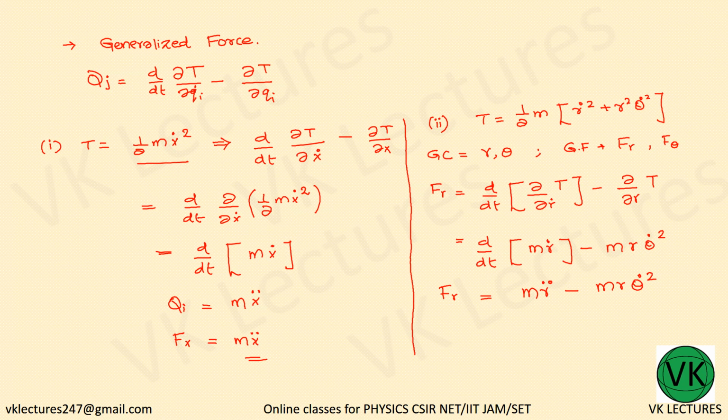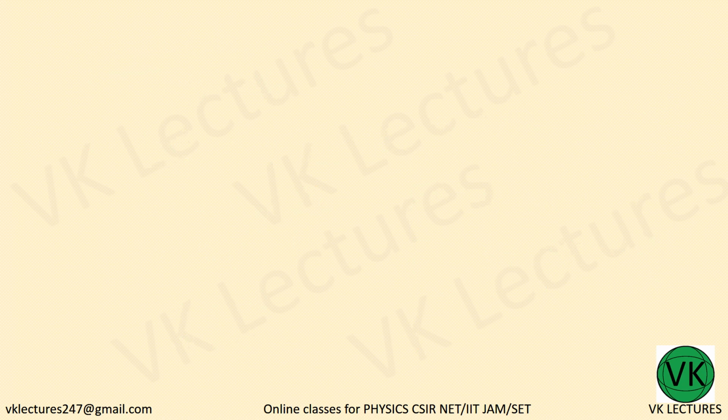Similarly, we write T as equal to half m times r dot square plus r square theta dot square. Now we have done Fr, the generalized force along r, that is m r double dot minus m r theta dot squared.